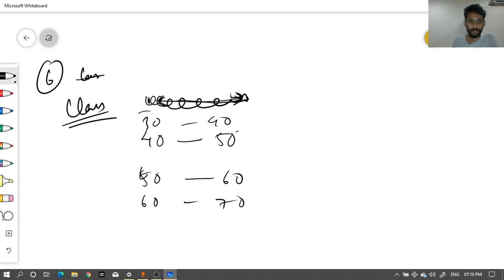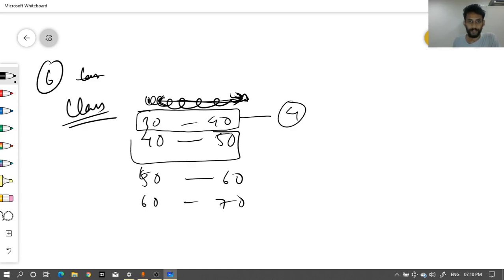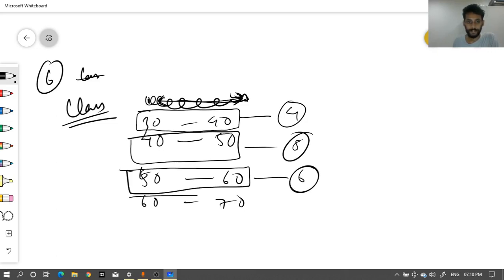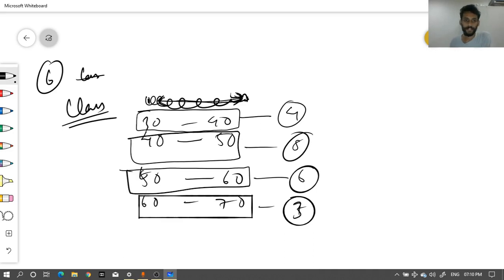For example, in this category there are 4 students, here there are 5 students, here 6 students, here 7, and I got 3 students. Now anything between 30 and 40 comes in this part.